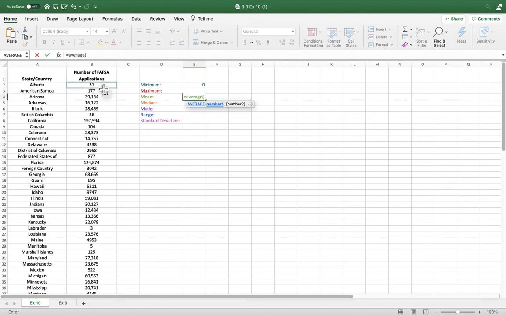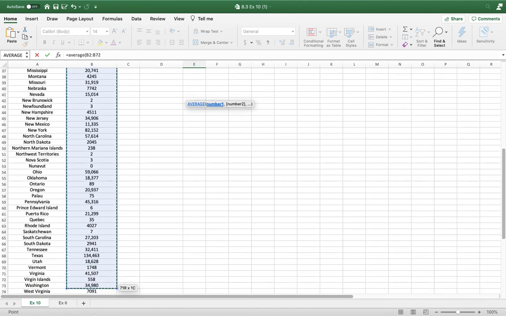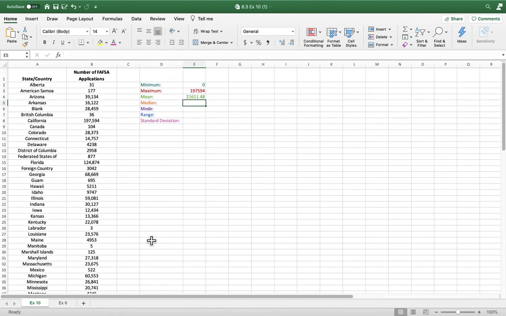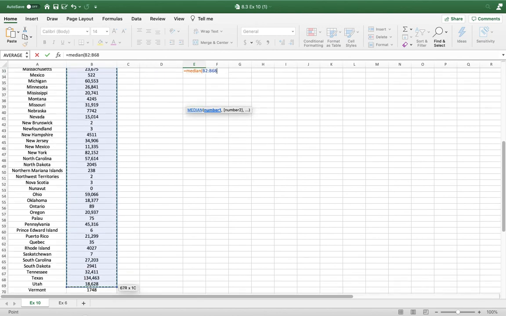Open parenthesis, select all the data, make sure you get it all, close, enter. So the mean is 21,611.48.